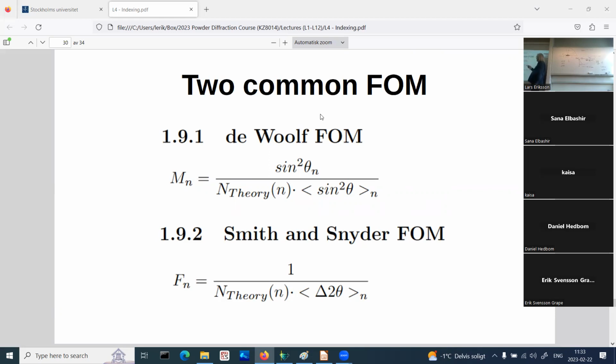Also divide by the average difference delta up to the end line. If there are few theoretical lines and if there is a very small average error, then this will grow large.